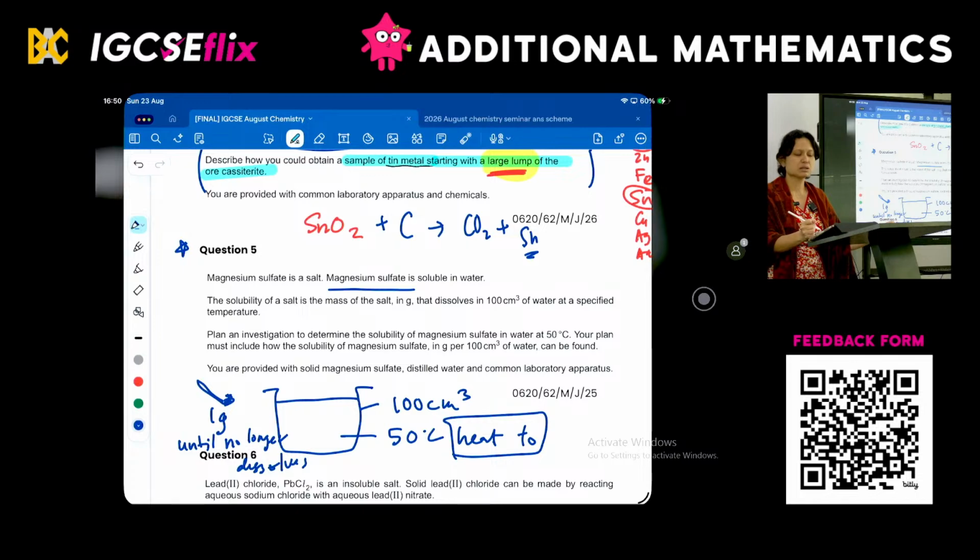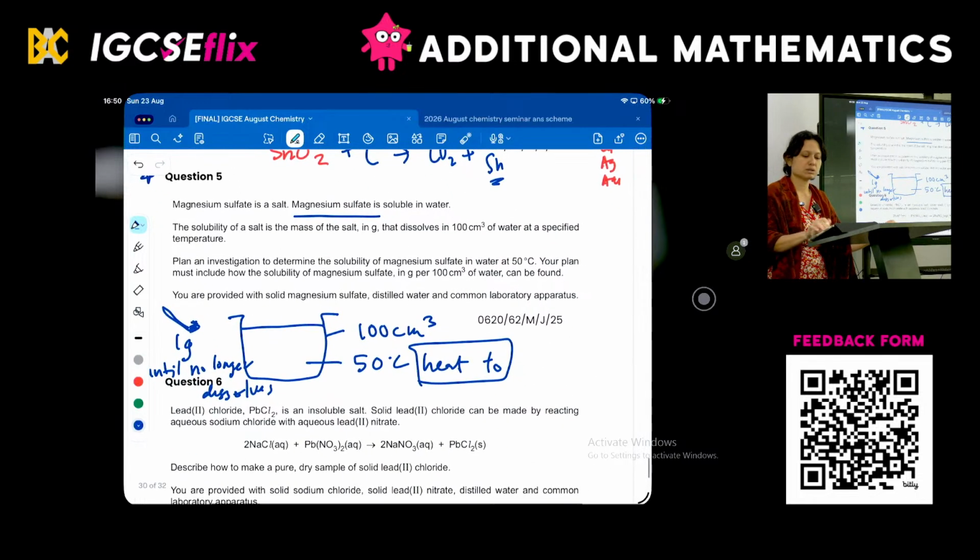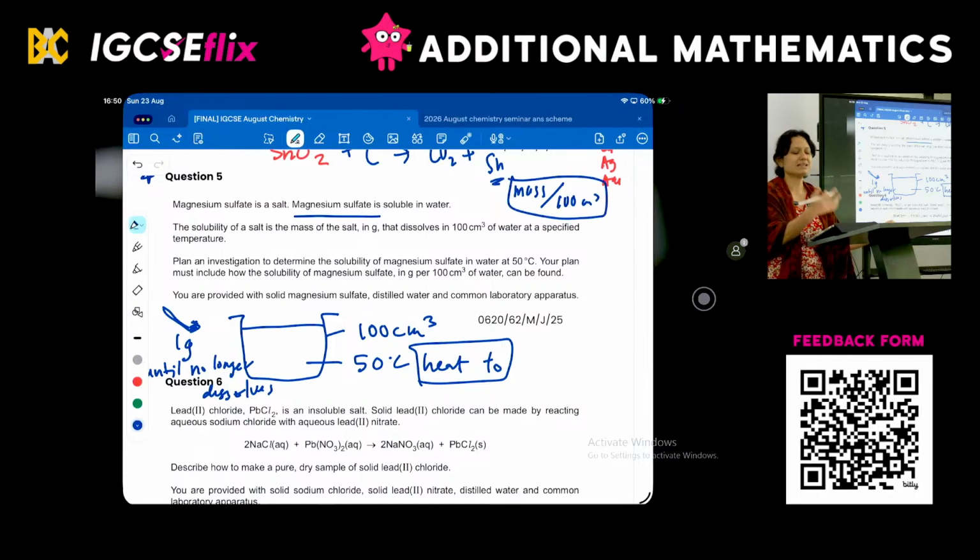Okay, so solubility is the mass over 100 centimeter cube. That's it. You don't even have to talk about it. That is the mass over 100 centimeter cube.